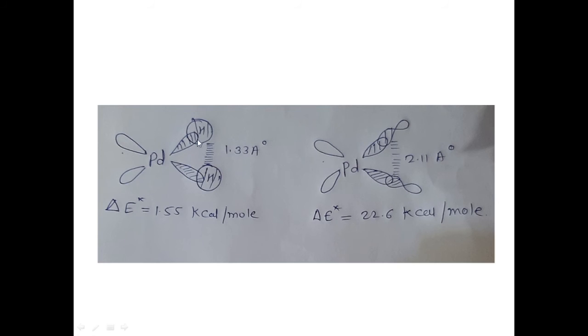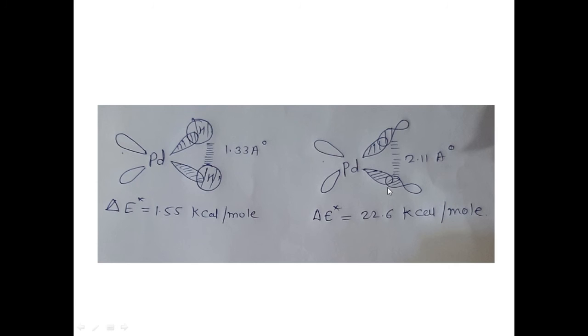This s orbital is combined with this p orbital, and the distance between these two orbitals is very small, and that is why the activation energy is also very small, that is 1.55. So this complex undergoes reductive elimination faster as compared to the other.